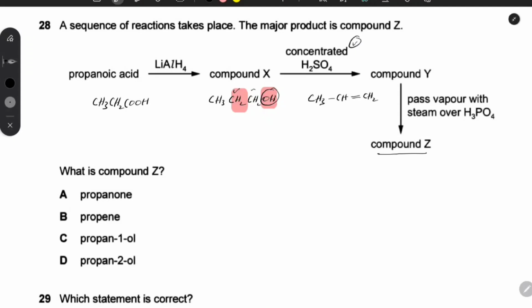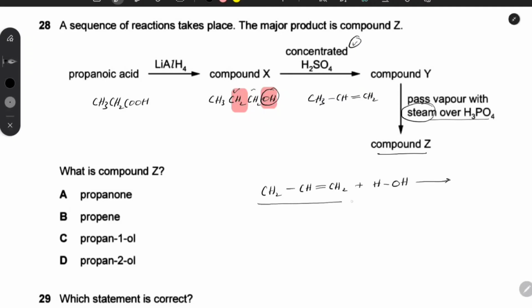Next, compound Z. The reaction between alkene and steam over phosphoric acid, we are passing steam in the presence of phosphoric acid, which is acting as a catalyst. Now this is our alkene, and you are reacting it with steam, which is obviously water.